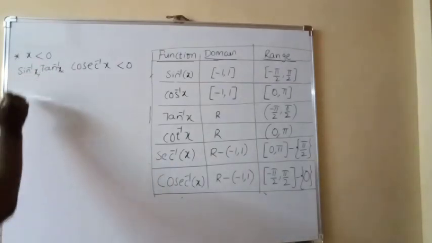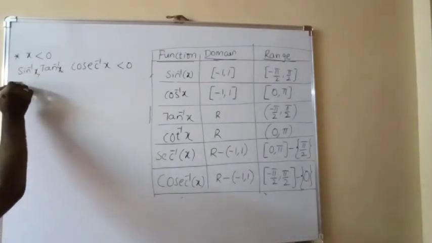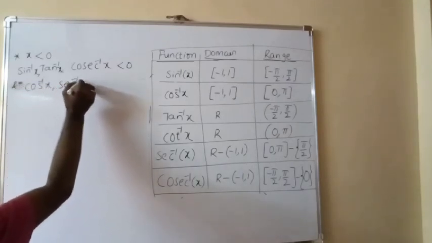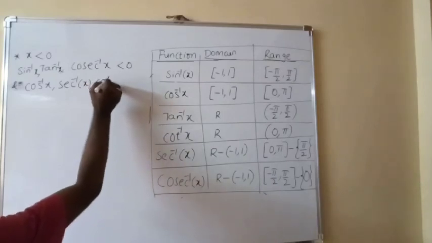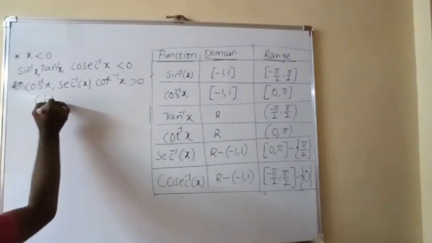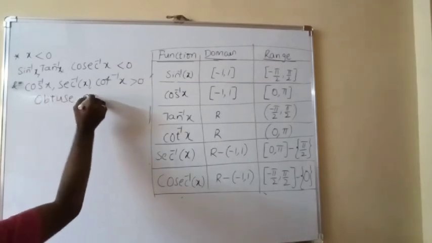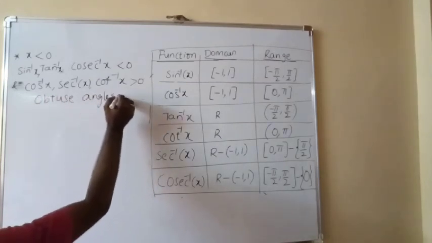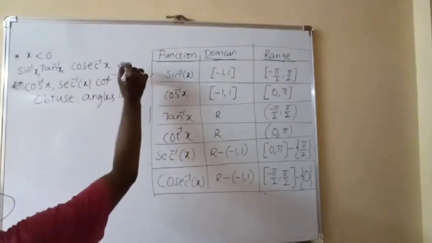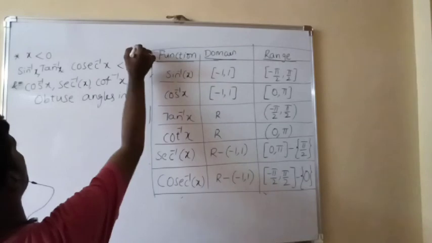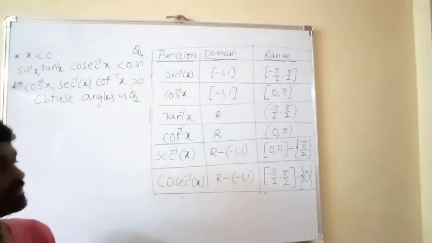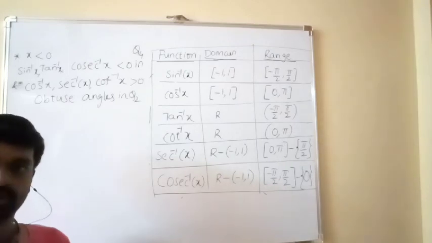And the remaining 3, cos inverse, secant inverse, and cot inverse, are positive and they are obtuse angles. That means they lie in the second quadrant, and the negative angles lie in the fourth quadrant. So when x is positive, all 6 angles are acute and lie in the first quadrant.